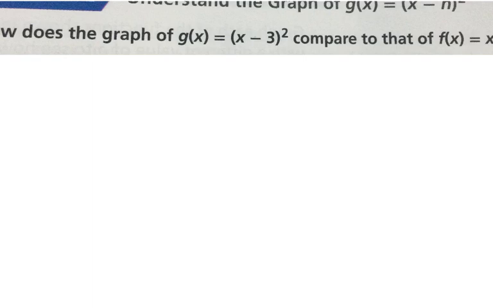So here, the subtraction is happening inside the function, inside the parentheses. For the last one, the subtraction or the addition was after the exponent. Like the problem before, we were looking at h of x equals x squared minus 3.